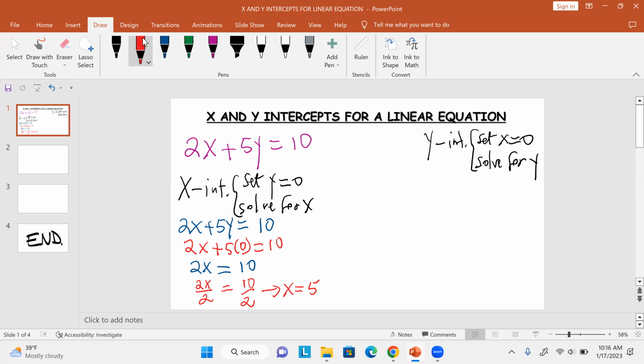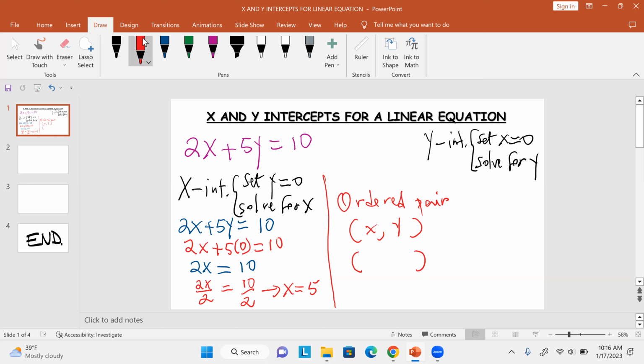But usually, they will ask you to write your answer in an ordered pair, which means you have to write it as a point where you have the x value and the y value. But for x-intercept, always the y value is 0.